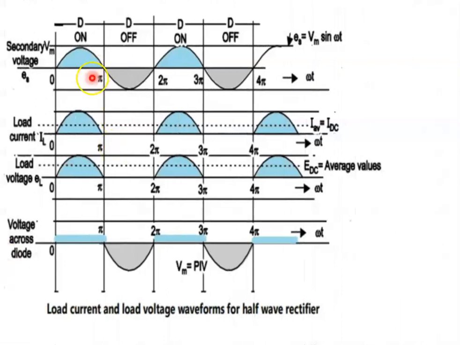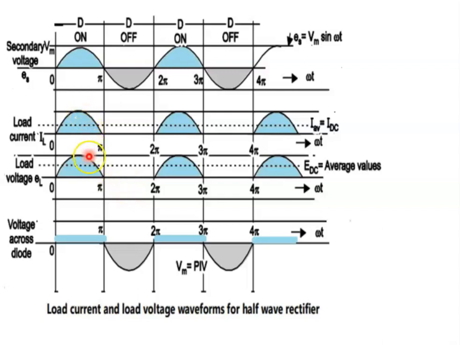Now look at the different waveforms of the half-wave rectifier circuit. This is the input signal, which is nothing but the transformer secondary winding voltage, the input to the rectifier circuit, and these two waveforms are the load current and the load voltage of the half-wave rectifier circuit respectively. If you observe both these waveforms, IL and VL are available only in the positive half cycle of the input, whereas in the negative half cycle there is no output waveform.